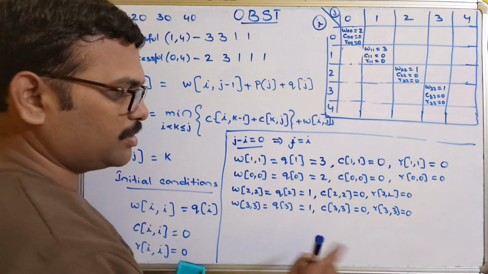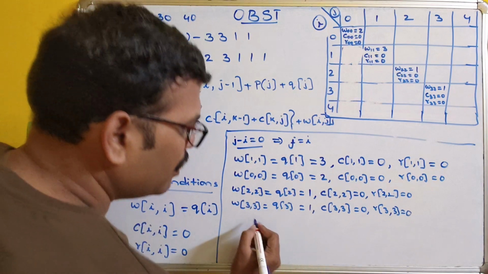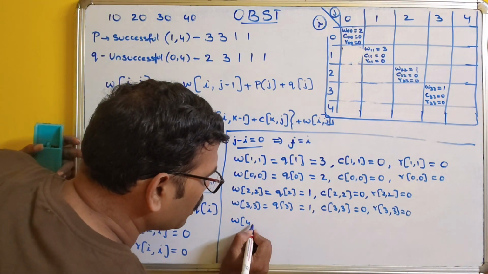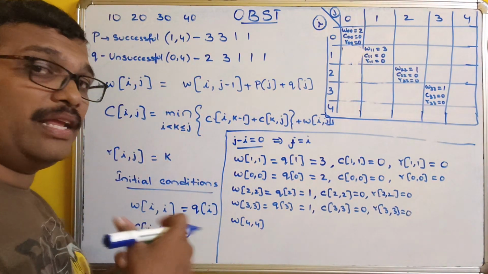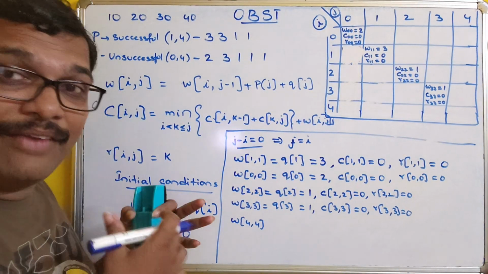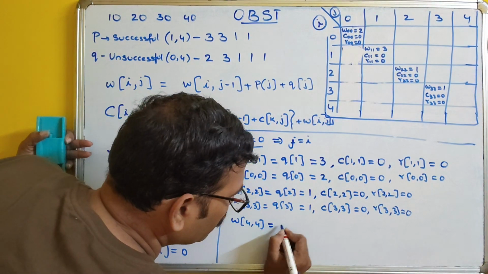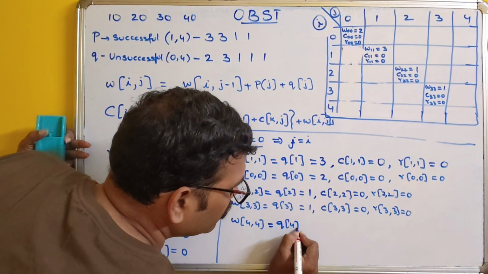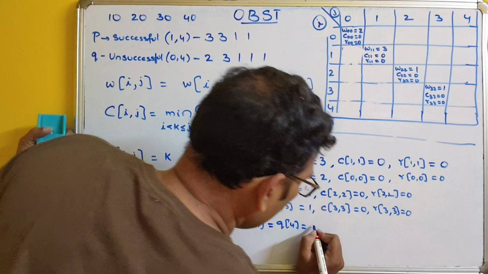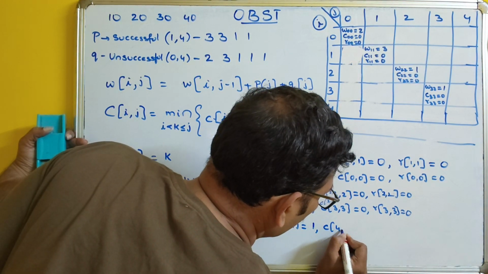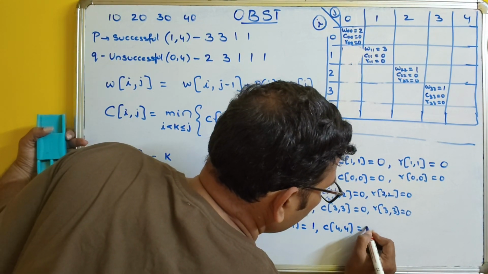Okay. So same thing. Now W of 4 comma 4. We need to consider each and every case, we have to calculate. So W of 4 comma 4 is Q of 4, which is again 1. And C of 4 comma 4 will be 0.